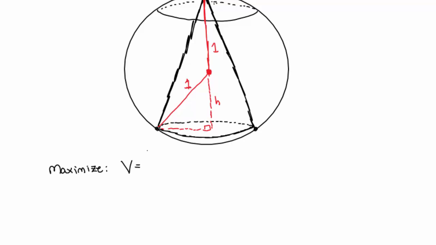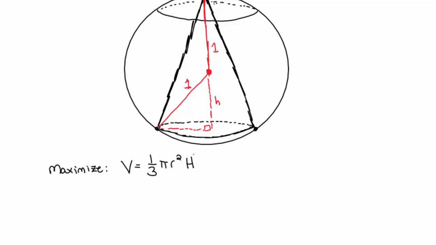And all we need is a formula for the volume of a cone, which you can look up. It's one third pi little r squared times the height. Since I'm already using little h here, I'm going to use big H for the height. Okay, that we want to maximize.